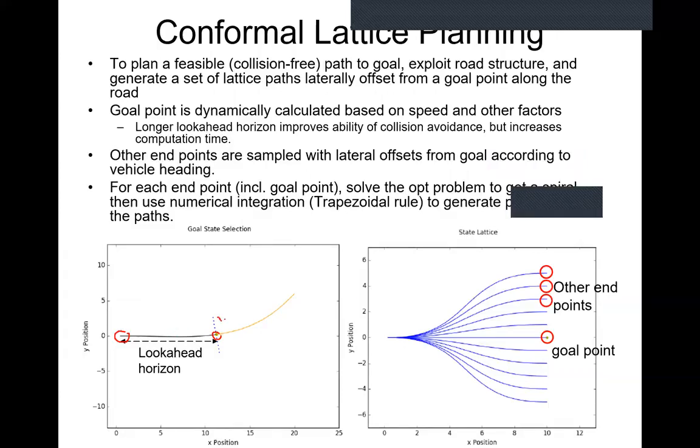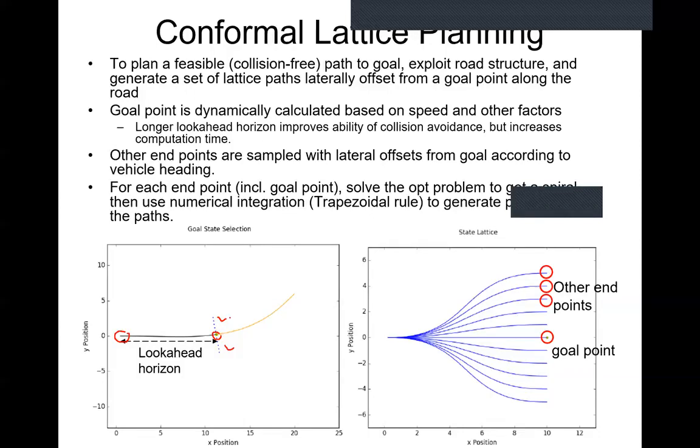Based on maximum vehicle heading, suppose you're not supposed to turn very sharply on the road, so you may have a range of heading angles. Based on that, you generate all the other endpoints.